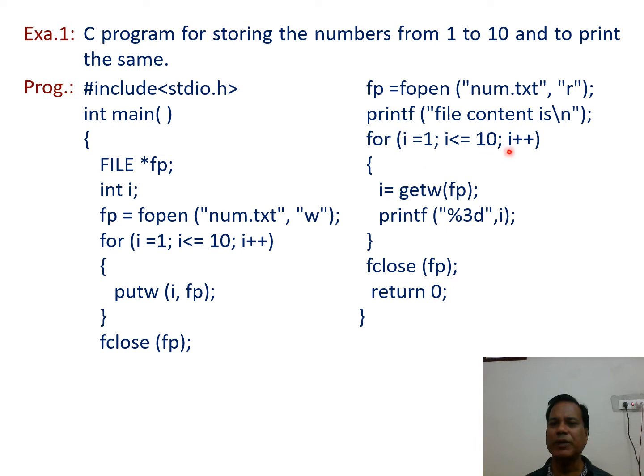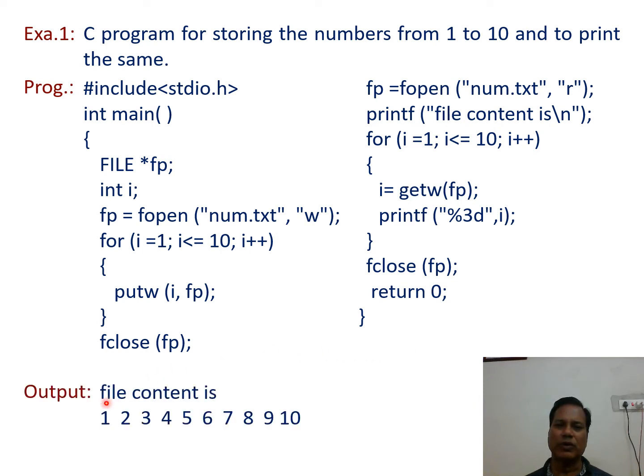And once the condition becomes false, control comes out of the for looping statement, and the statement fclose(fp) closes the file pointed to by the file pointer fp, and then the last statement, return 0, is the end of the program. So when this program is run, we get the output like this one. File content is 1 2 3 4 5 6 7 8 9 10.